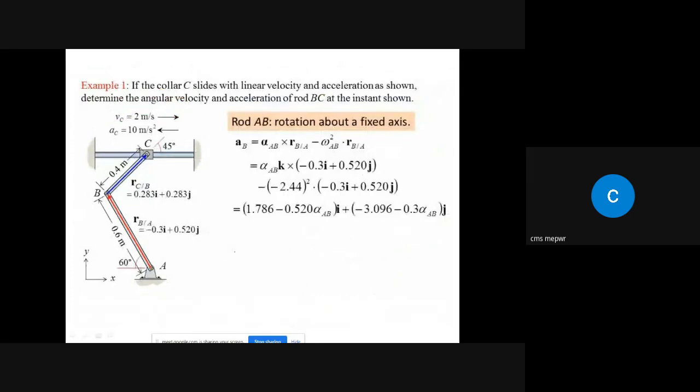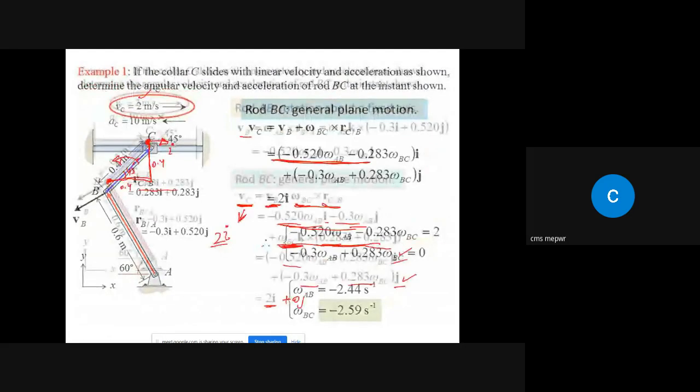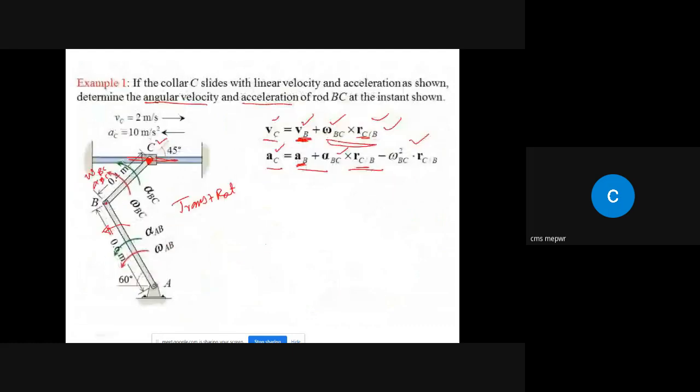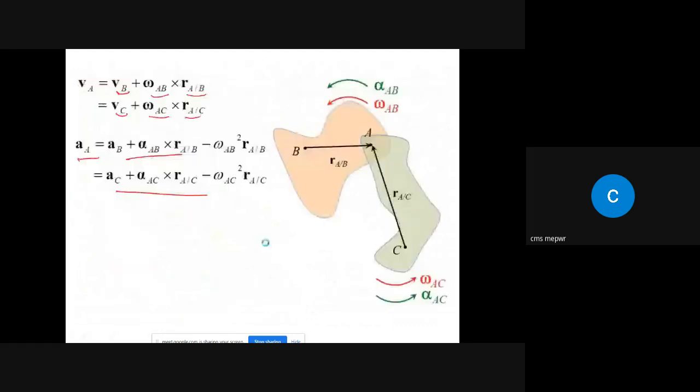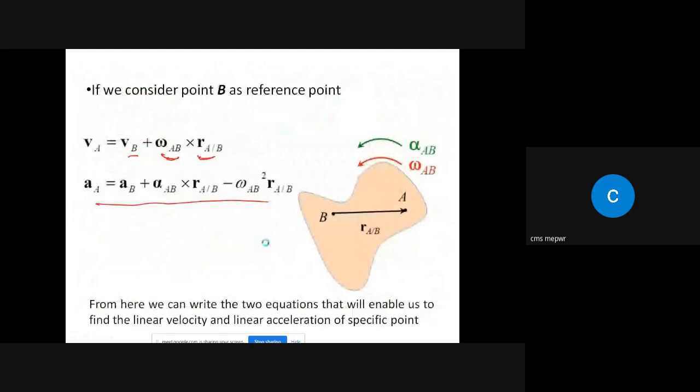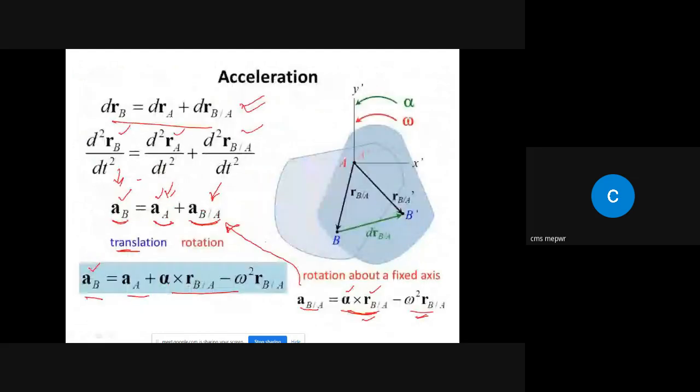Okay, so we know that for rod AB rotation, the equation is changed. It is not as simple as the velocity equation. It is like this one, right? This is the relationship between linear acceleration and angular acceleration.